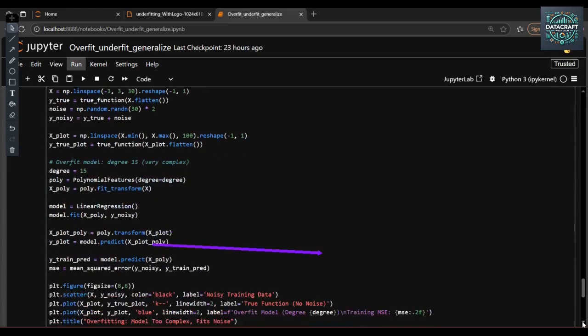But this time I am going to take the degree equal to 15. It's very complex, super complex. With degree equal to 15 we fit the model, predict, and plot.